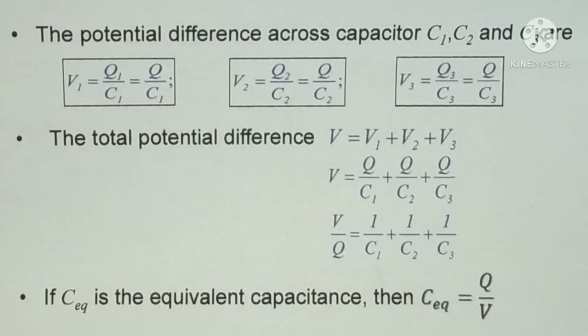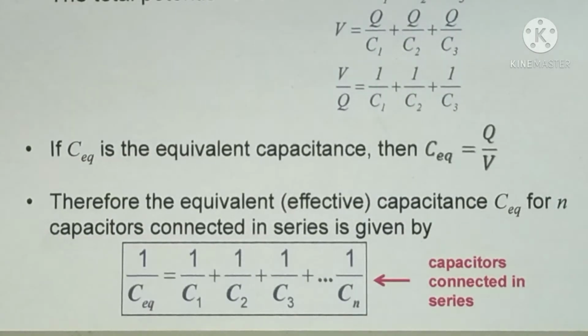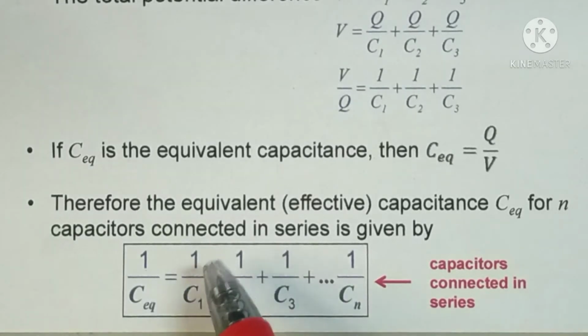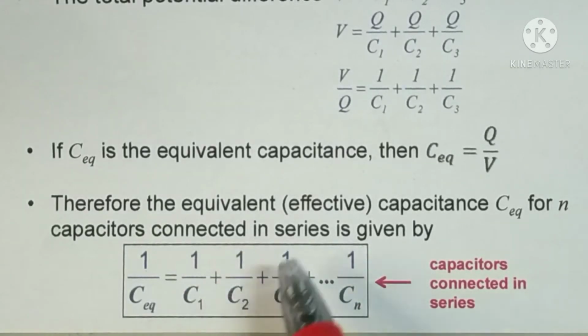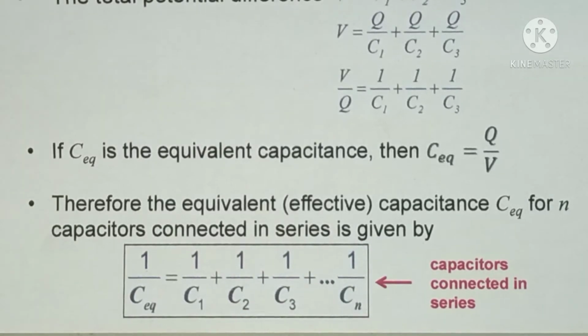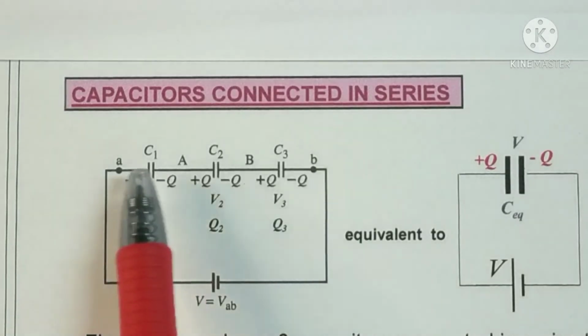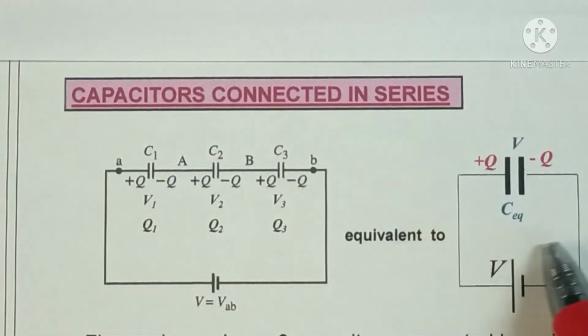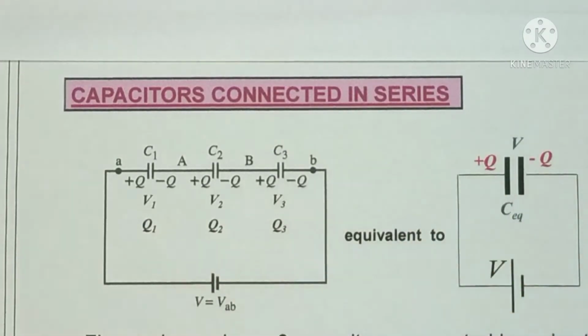Therefore, the equivalent capacitance C equivalent for n capacitors connected in series is given by 1 over C equivalent equals 1 over C1 plus 1 over C2 plus 1 over C3, all in reciprocal form. So, all the 3 capacitors are combined into one capacitor, which we call C equivalent.